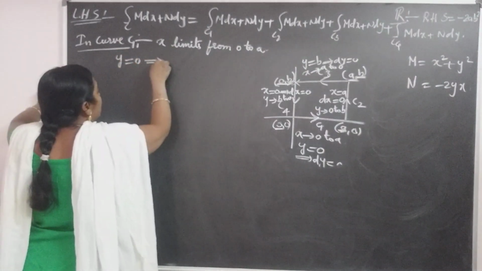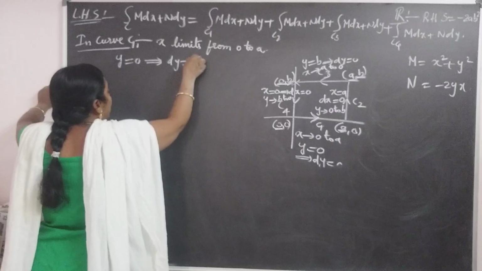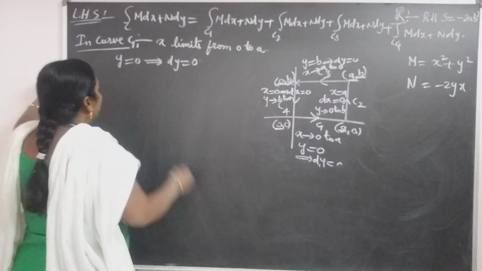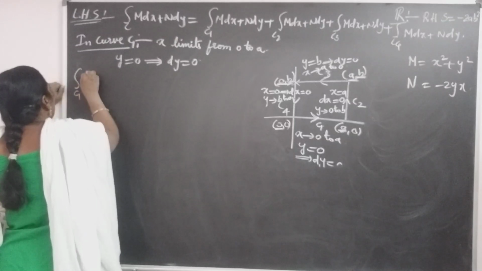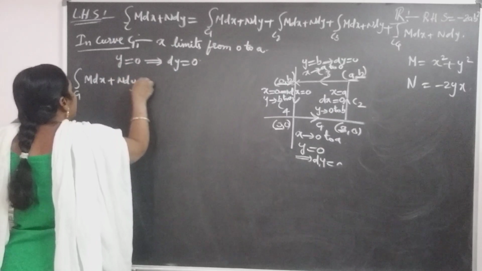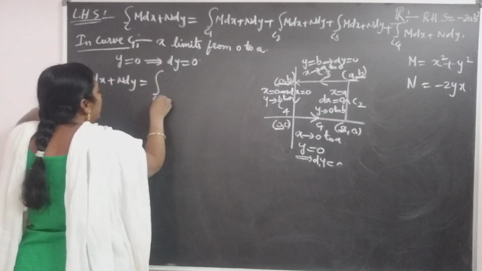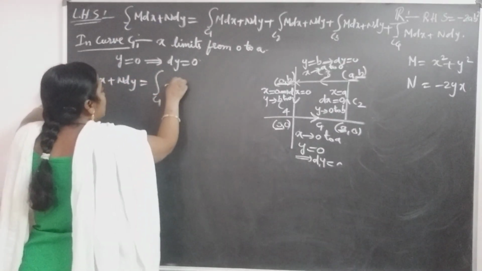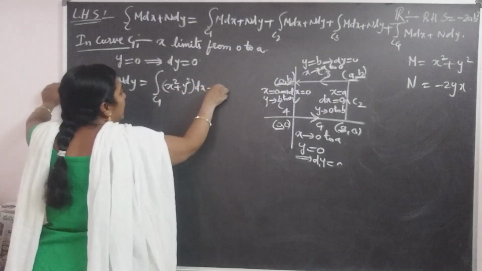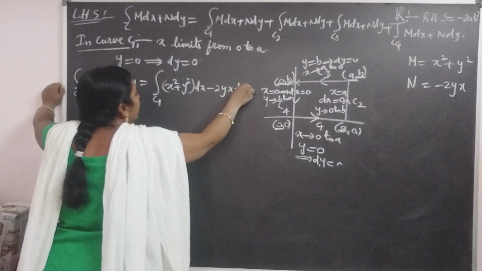Y is 0 means differentiating that y variable, dy is equal to 0. Therefore, the integral over C1 of m dx plus n dy is equal to the integral over C1 of x square plus y square into dx minus 2yx dy.